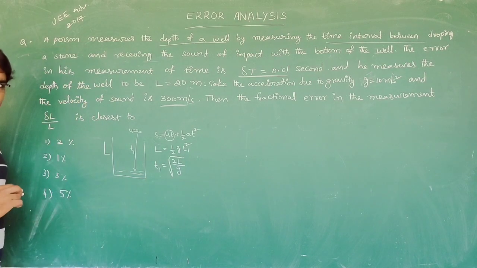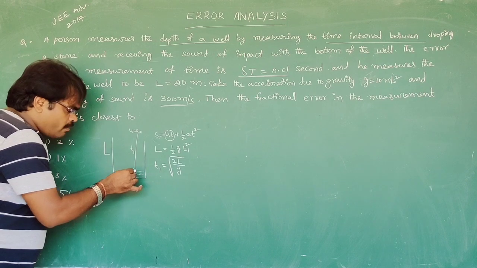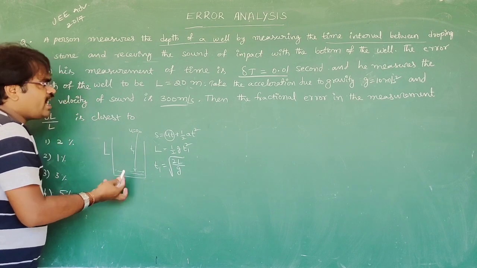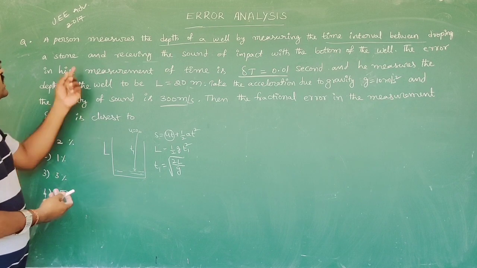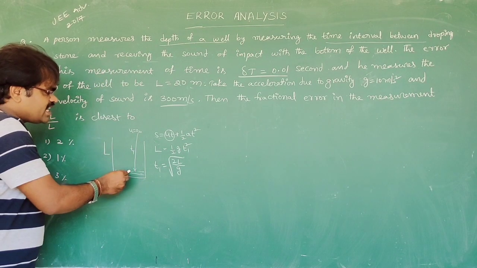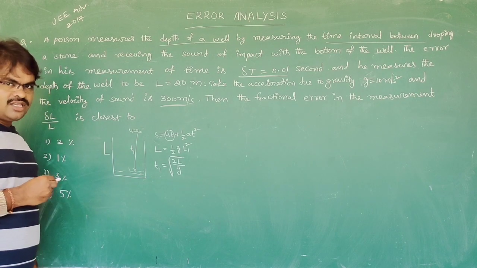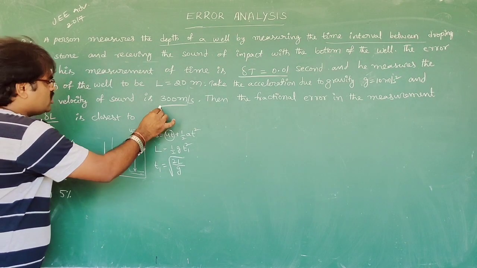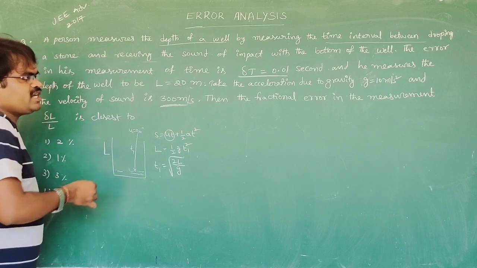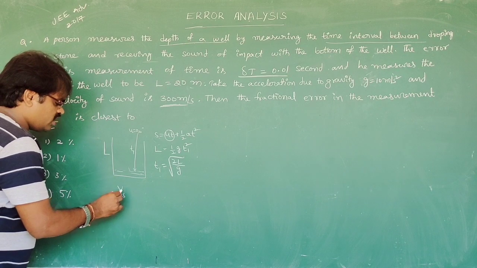But when the stone reaches the water, at that time it gives a sound. That sound is heard by the person. We know the velocity of sound in air is 300 meter per second, as given. That is v sound.